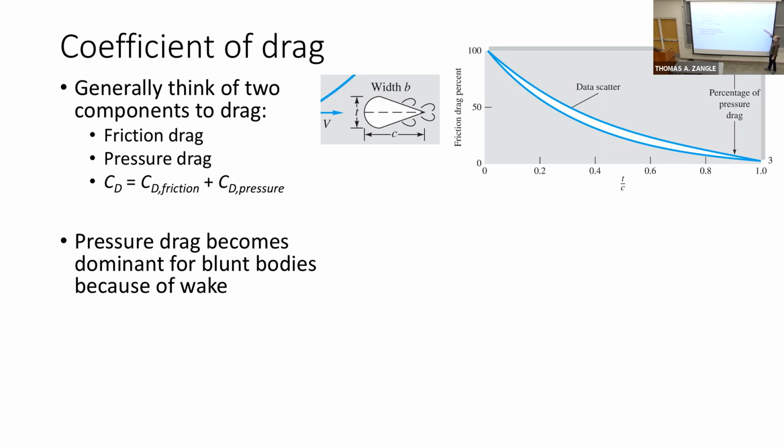As we increase the thickness of this object, the wake gets bigger and bigger, and therefore has a bigger contribution to the overall drag on the object. To the point where by the time we get to an object that's really large relative to its length, then it's almost all pressure drag, almost no skin friction drag. Make sense?